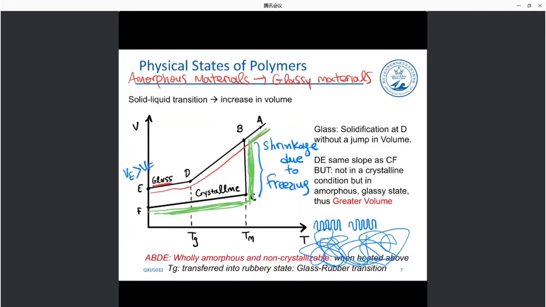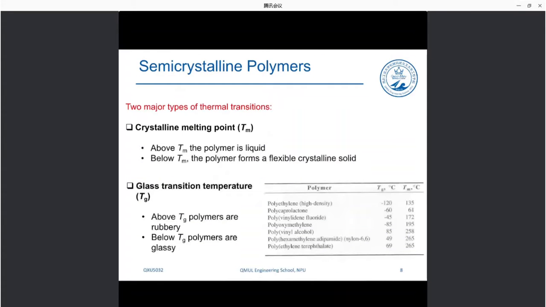Okay. So what did we say so far? We have two major types of thermal transitions. Okay, we have the melting point and we have the glass transition temperature. Above the melting point, the polymer is liquid. It can be a viscous liquid, but it is considered a liquid.